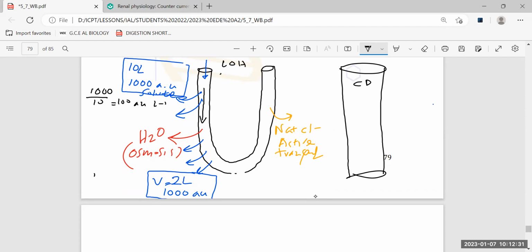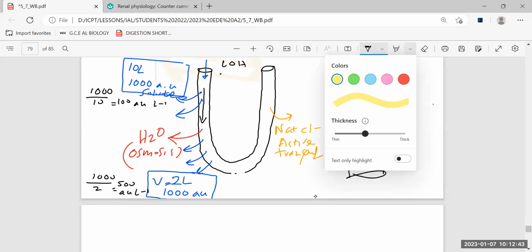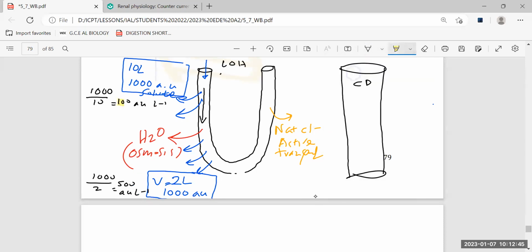Here we calculate 1000 divided by 2. So it is 500 per liter. Now you can understand the concentration is 100, and here 500. So it is concentrated now.